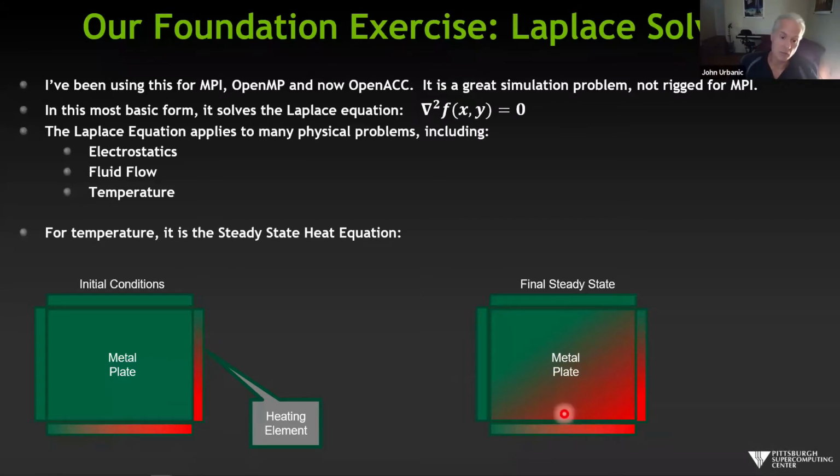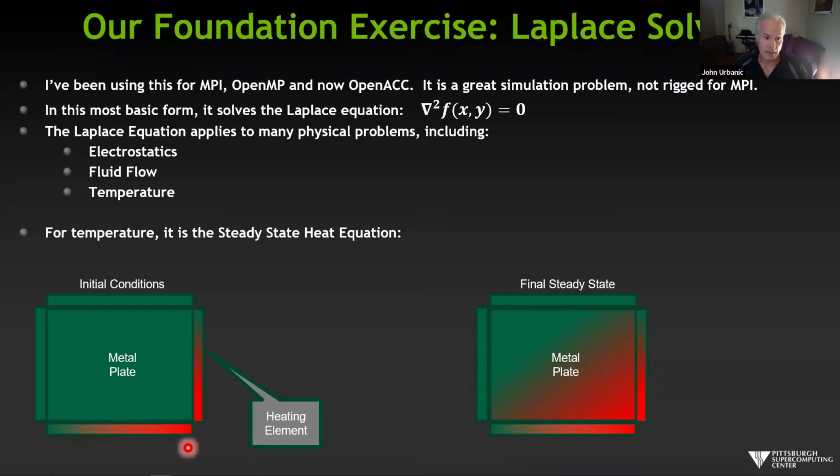It's a simple physical problem. I like it because it's intuitively obvious what we're trying to do here. We're trying to model a metal plate that's initially at 0 degrees, and we're going to heat it along its edges in an interesting fashion so that it should acquire some kind of temperature gradient. Long term, it should eventually settle into a steady state.